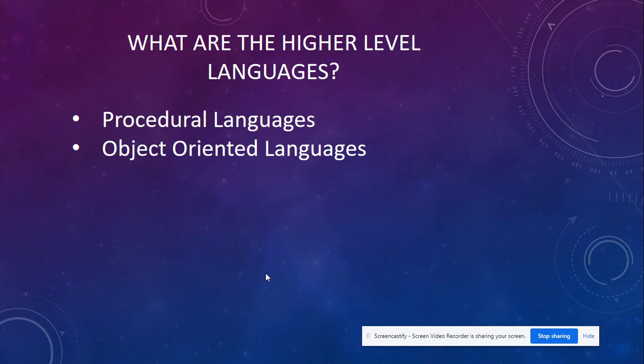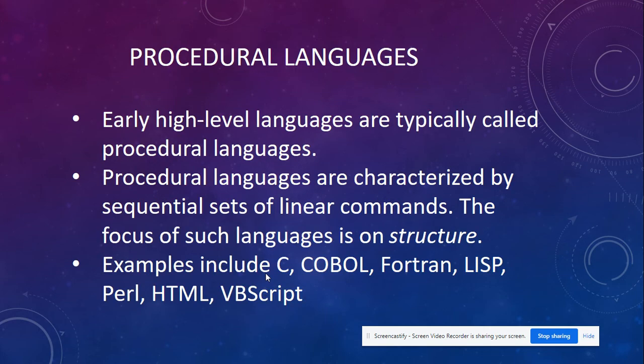Okay, like I said before, there's two kinds of higher level languages: procedural languages and object-oriented languages. Procedural languages were the old-timey languages, and you've heard of some of these before. C, which started the whole C family, from which comes C++, Java, C#, all of those. COBOL, which was really big when I was your age. Fortran was big when I was your age.